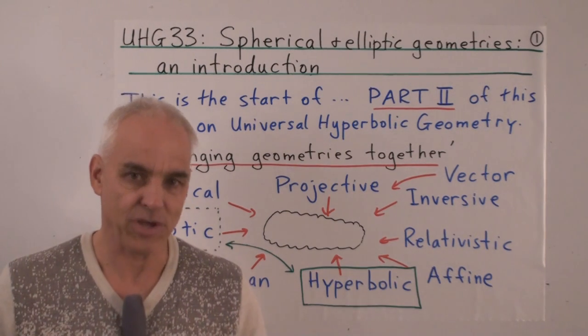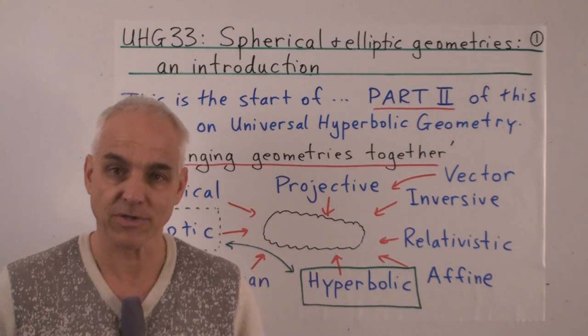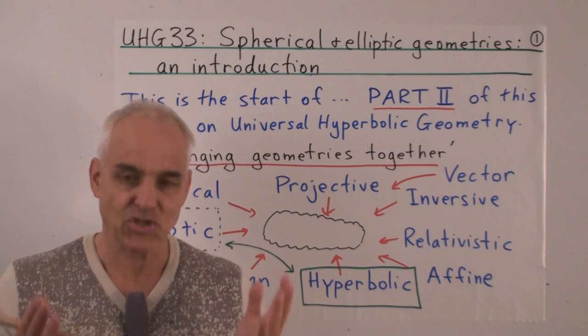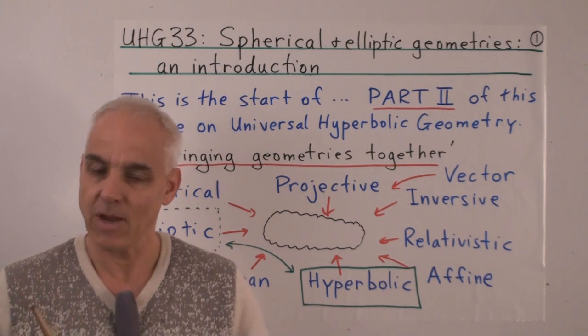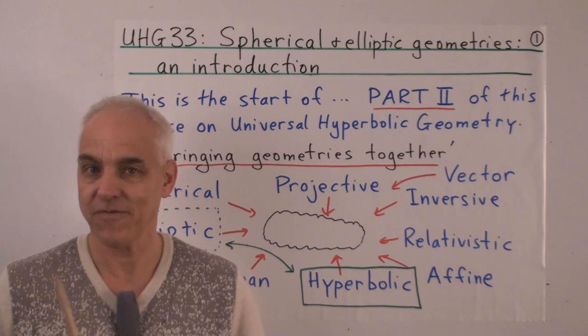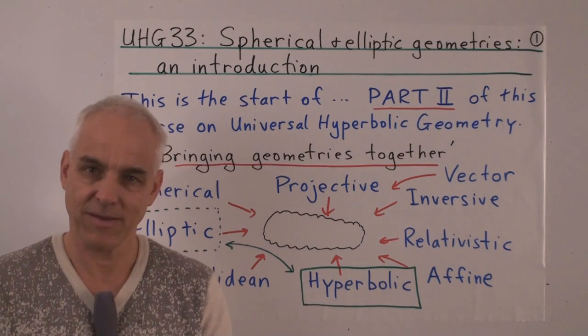So we're going to have another look at spherical geometry, the same spherical geometry used by astronomers, used in geodesy, just concerned with the structure of the sphere. And we're going to be looking at it in a new light from this point of view coming from the hyperbolic geometry that we've already talked about.